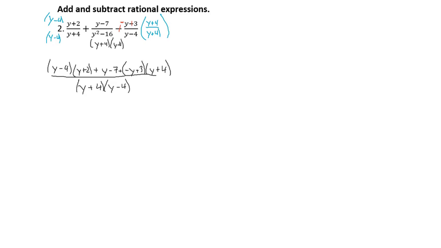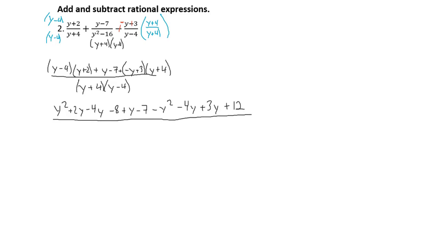So now I get y² + 2y - 4y - 8 + y - 7 - y² - 4y + 3y + 12. And all of that will be over my LCD, which is (y + 4)(y - 4). And let's see what can cancel out.